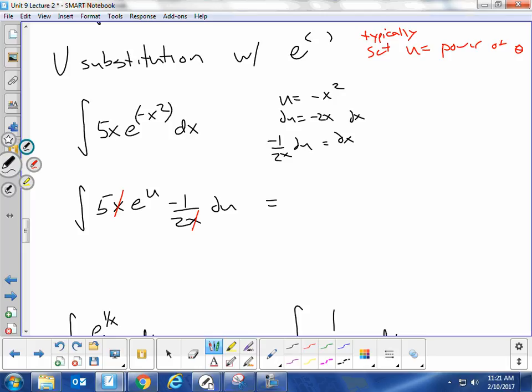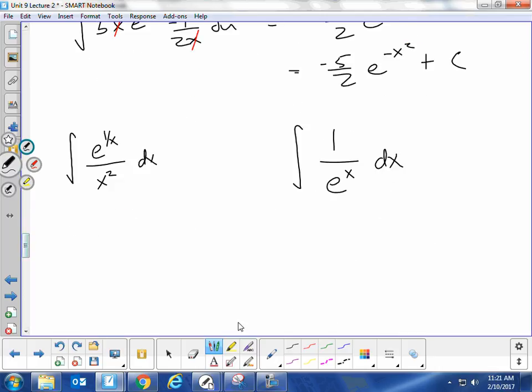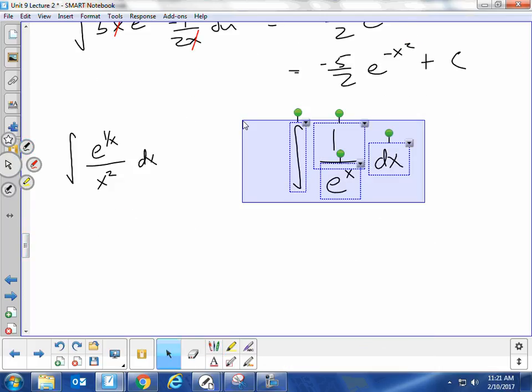Negative 5/2 e to the u is what I have. Its antiderivative would be negative 5/2 e to the u, which is negative 5/2 e to the negative x squared plus c. Bringing us to another one just like that, this one right here on the left. Go ahead and try that yourself.